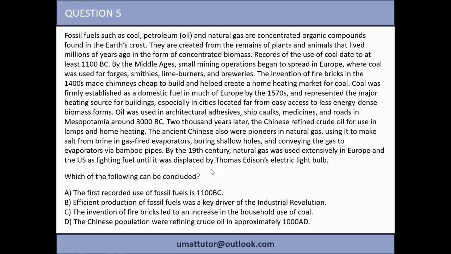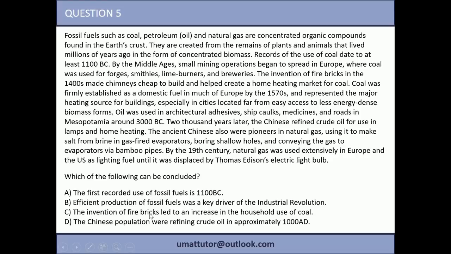With C, the invention of fire bricks led to an increase in the household use of coal. So this really comes back to the sentence here. The invention of fire bricks in the 1400s made chimneys cheap to build and helped create a home heating market for coal. So I'm thinking C looks pretty good because it's pretty much just a slight rewording of that sentence.